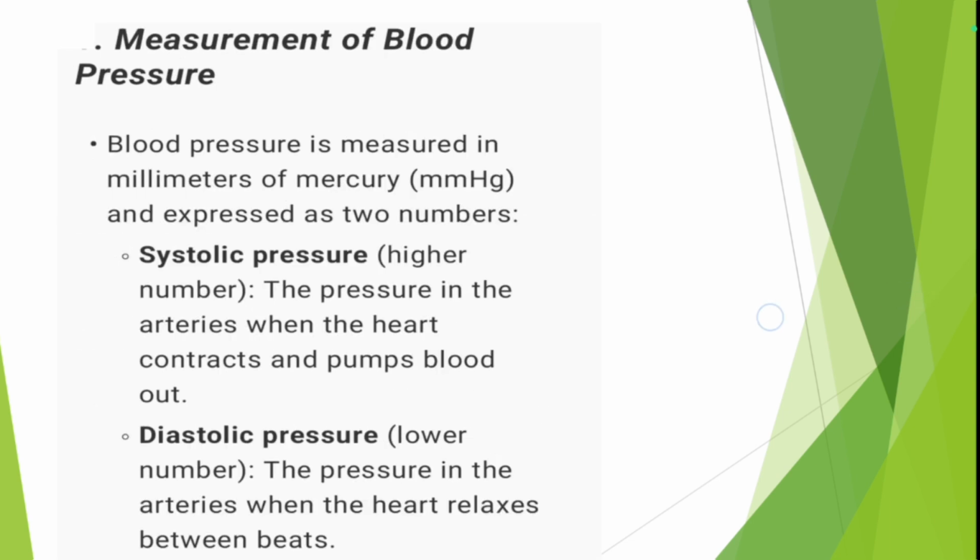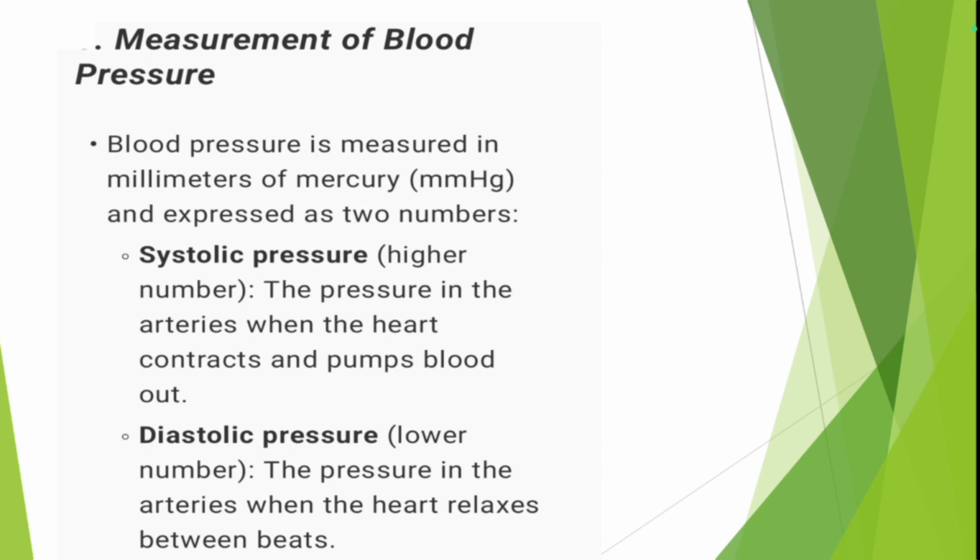Okay, then measurement of blood pressure. How can we measure blood pressure? The unit to measure blood pressure is mmHg. Okay, and it is expressed through two numbers, the maximum number and the minimum number. The maximum number is known as the systolic pressure and the minimum number is known as the diastolic pressure.